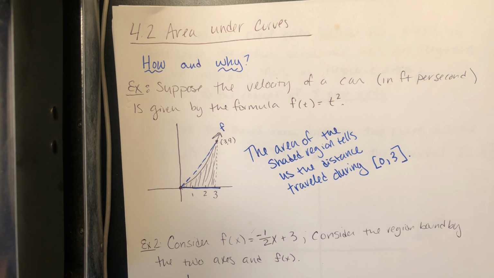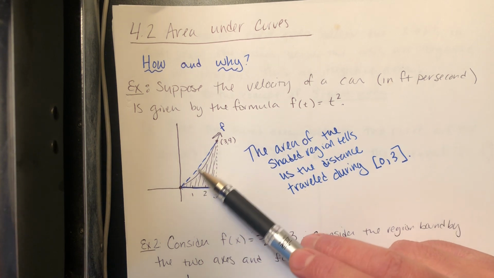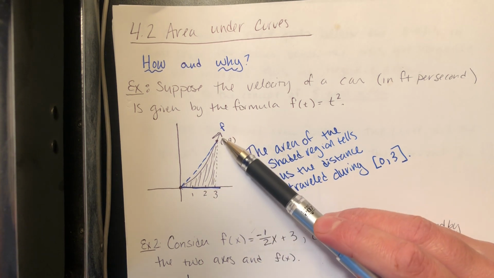But this is why it might be interesting to find the area underneath the curve. If this was something really important, you'd need to know exactly how far it traveled in that period of time. That estimate can give you a guess, but it can't give you the exact answer.